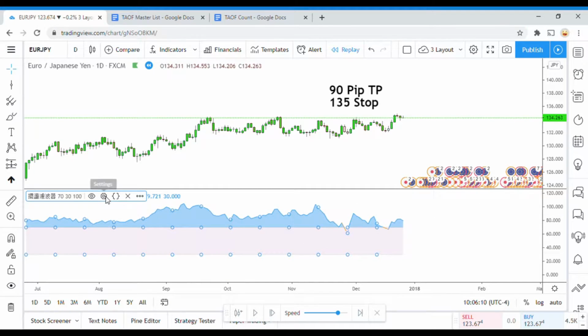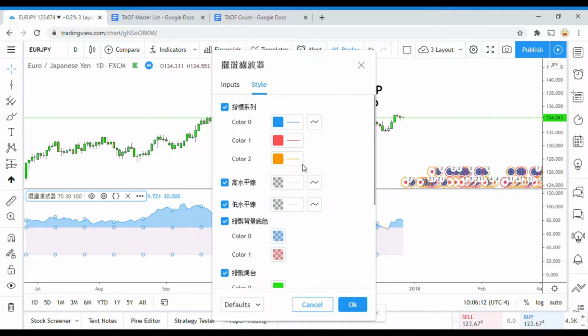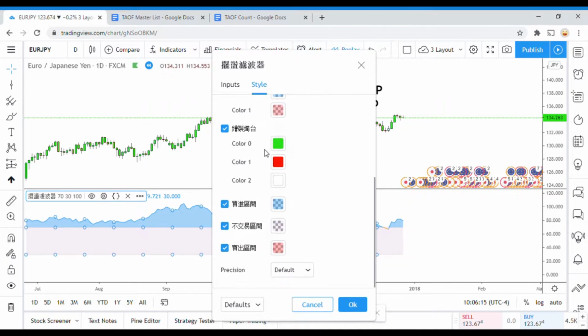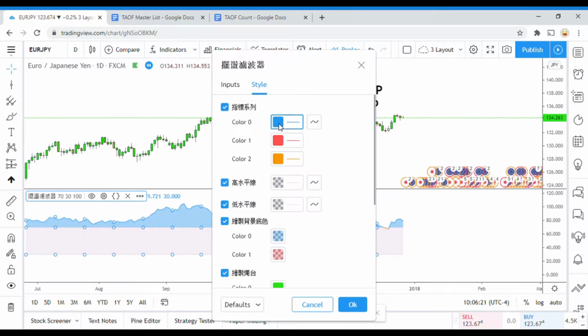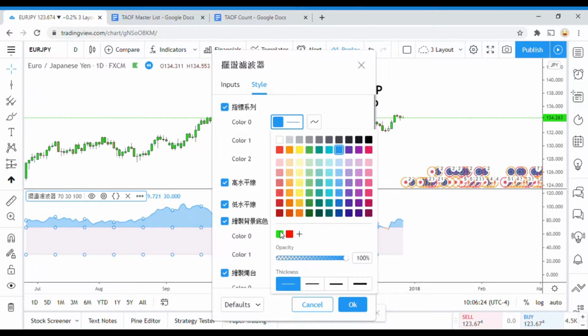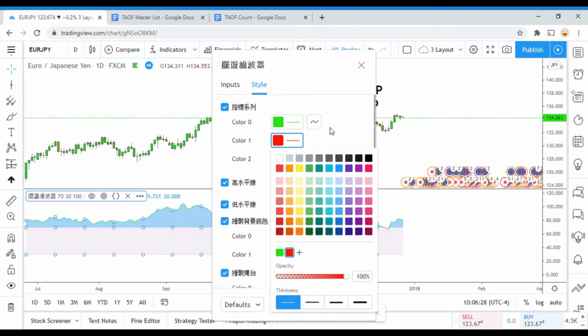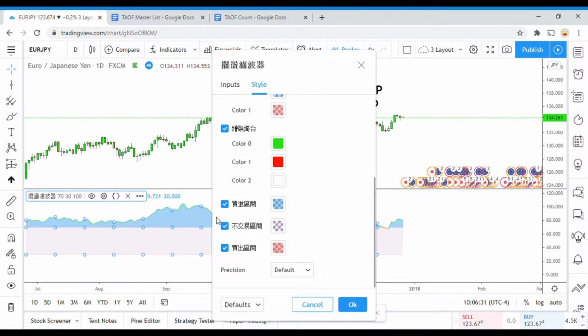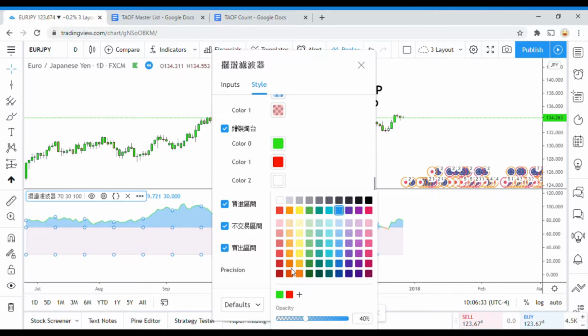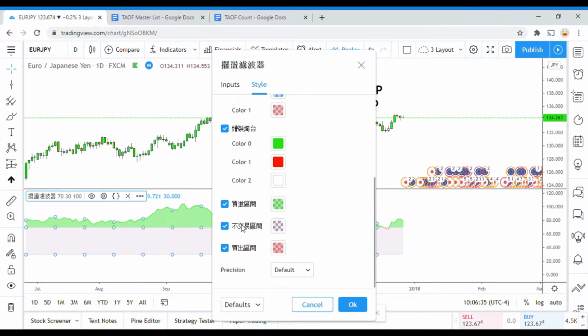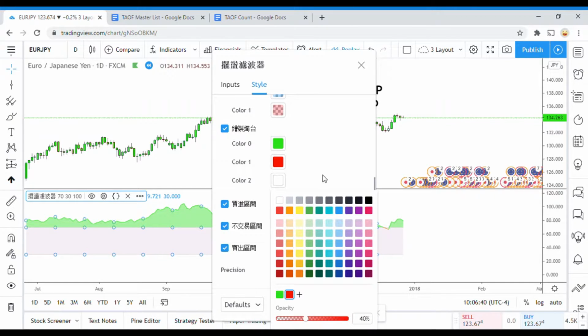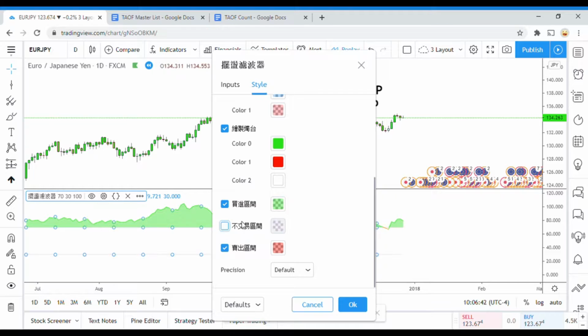And basically, let me do this. Let me modify these colors just a little bit here. Let's see. Let's change this one and this one. And then let's go down and change this. There we go. And change this one.